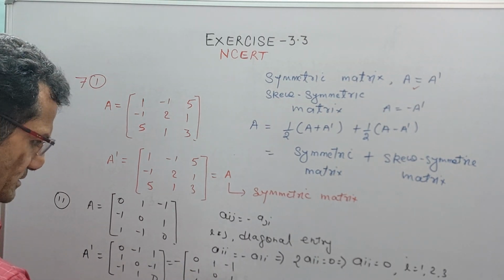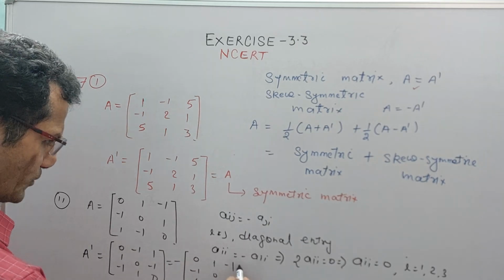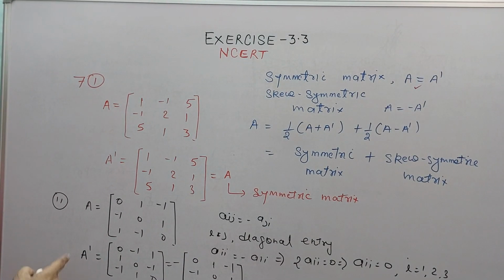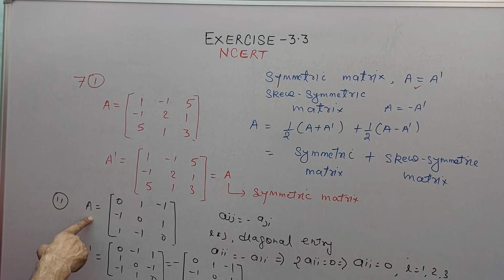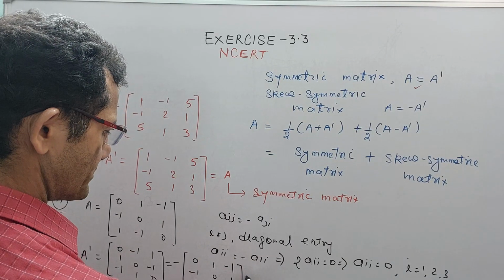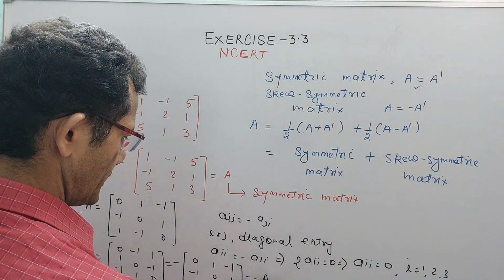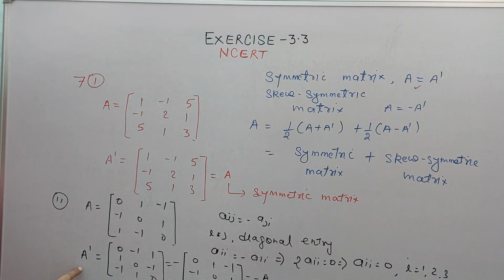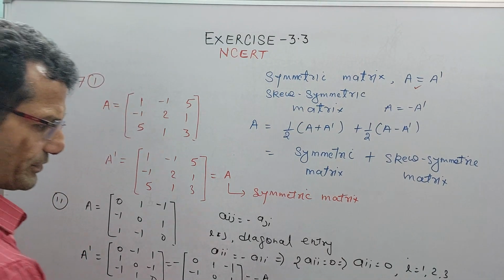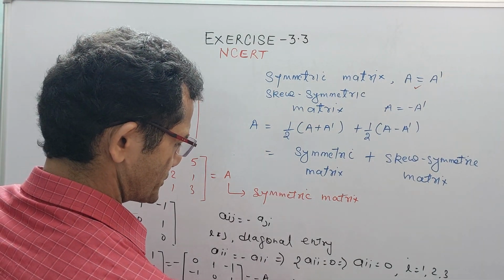The third row is 1, minus 1 and 0. Now look at the inside of this matrix: it is A. With the minus outside, it becomes minus A. So we have proved that the transpose of matrix A is equal to minus A. This proves that A is a skew-symmetric matrix.